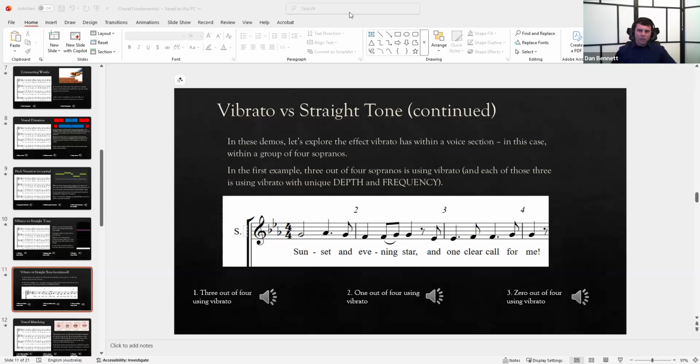Dave says, what were the frequencies of the 4 vibratos? I don't remember offhand. I could open it up, or talk to me later, Dave, and I'll find it out for you. But I just made sure all 4 were different. One of them had no vibrato, and the other 3 all had vibrato with different depth, the up and downiness, and frequency, how rapid the change was.